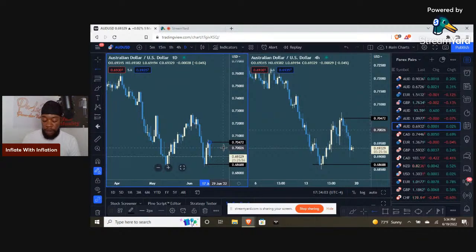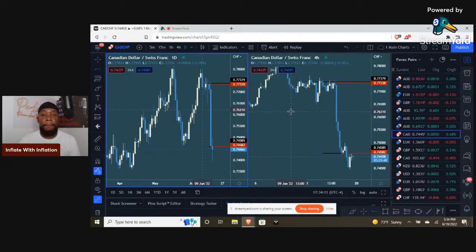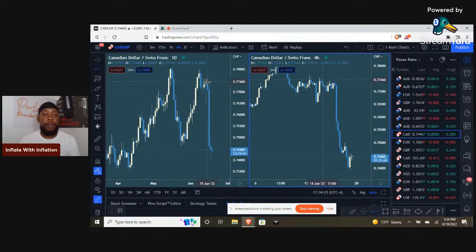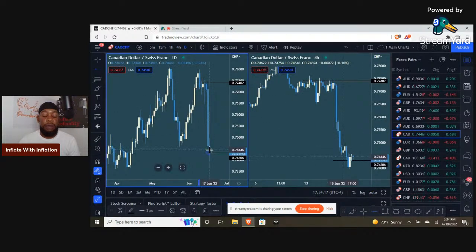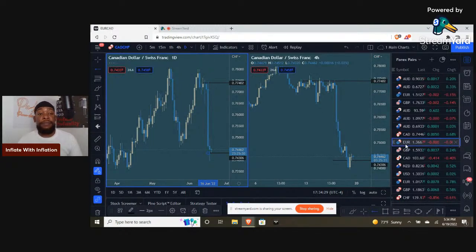So Aussie buying, US dollar selling. CAD selling, Swiss franc buying. So with Aussie, we're looking at a -3 strength. So anything that's Aussie is basically gonna be selling.